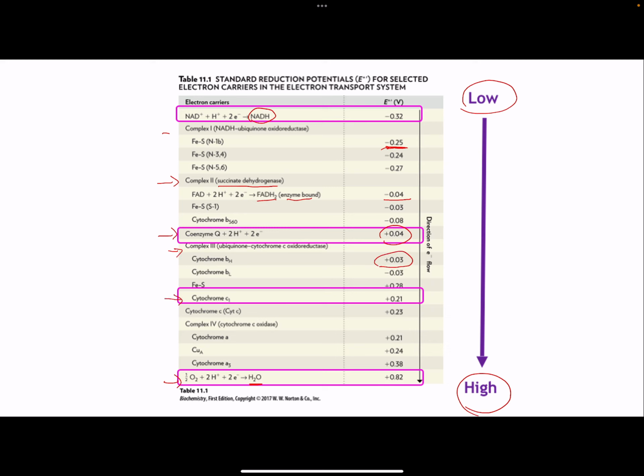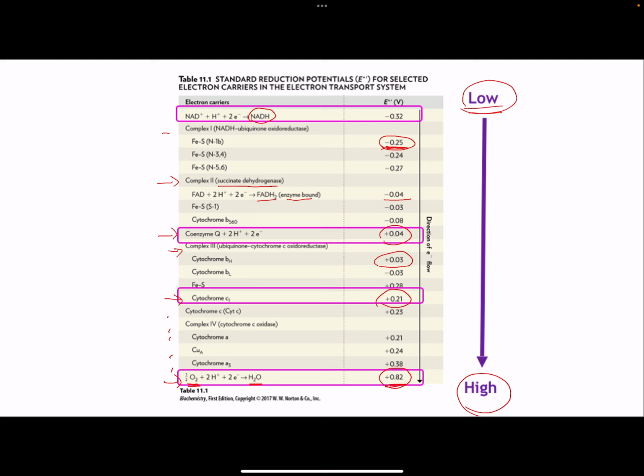Now we're at the cytochrome C, which is another part of this ETC, and we're now at plus 0.21. And now all the way down here, where our oxygen molecule is going to take those electrons, this is now plus 0.82. So notice here we have this negative 0.25 all the way to positive 0.82.